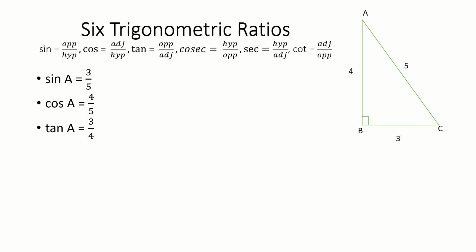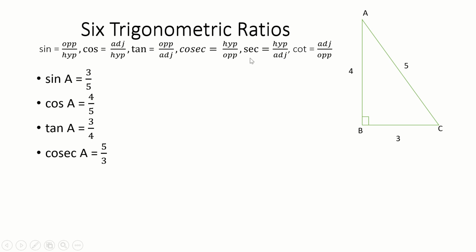Now let's find the reciprocals of these. For sine, it is cosec; it's an S and C combination. So the reciprocal of 3 over 5 would be 5 over 3. What is 5 over 3? Hypotenuse over opposite side. Now what is the reciprocal of cos?